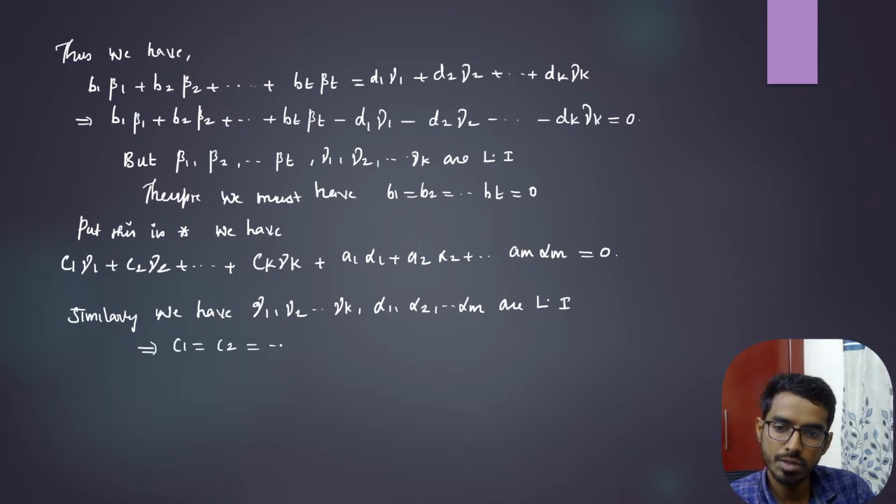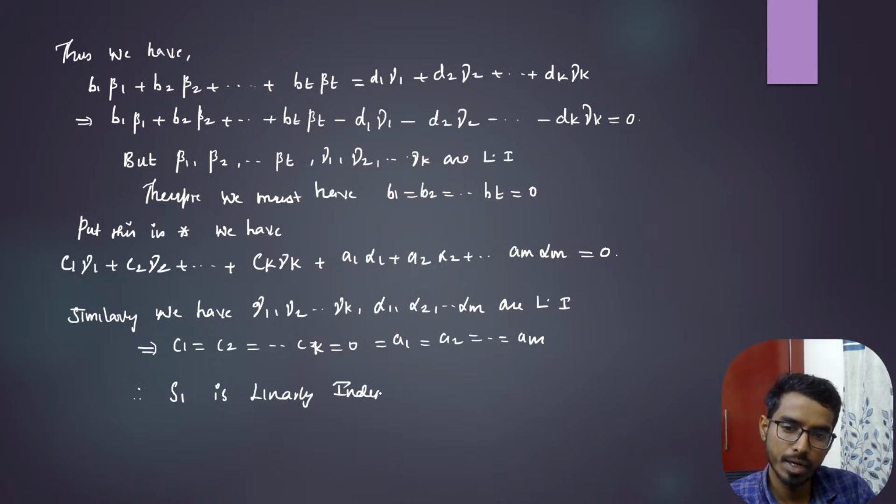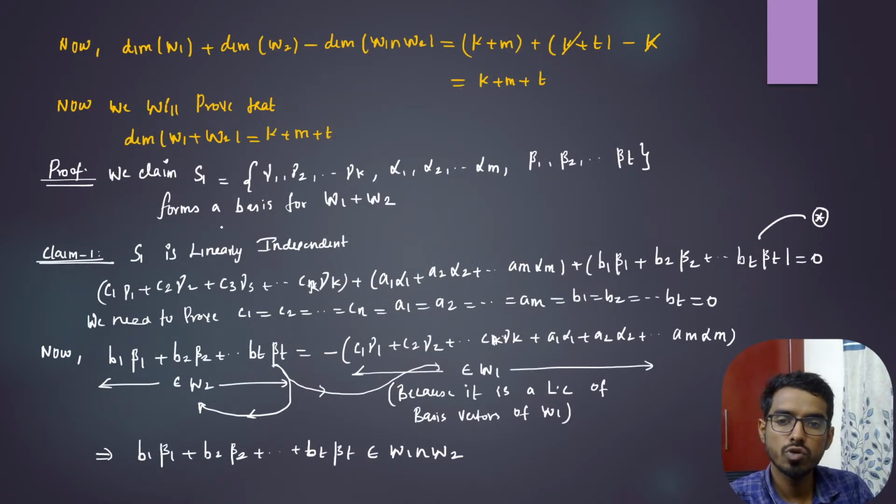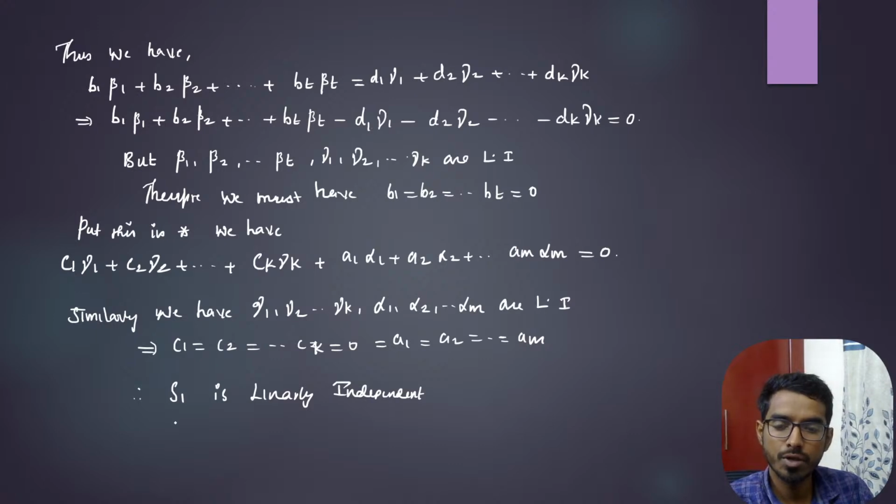So c1 equal to c2 equal to up to ck, all are 0, and similarly a1 equal to a2 and so on up to am, all are equal to 0. So therefore S1 is linearly independent. So we have proved the first claim. Now I need to show L of S1 is equal to W. Now claim 2.